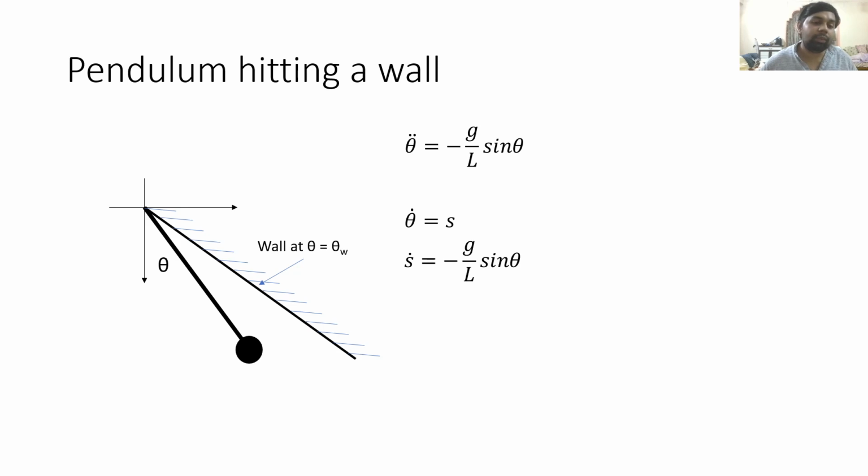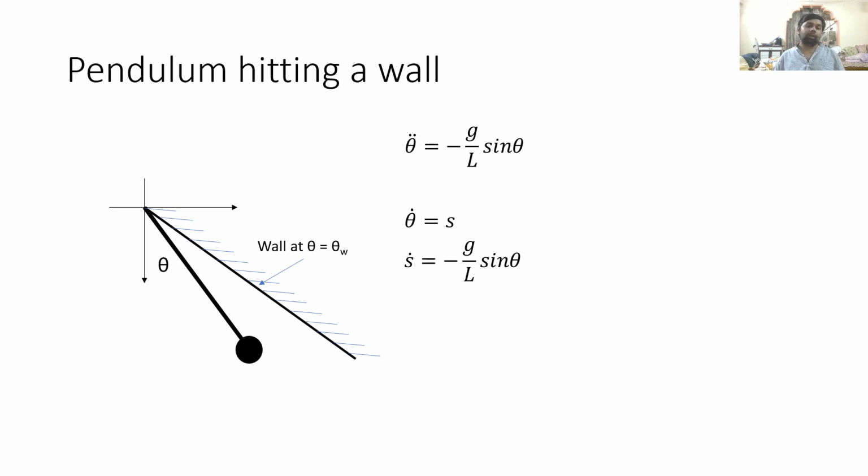When you want to visualize that, it will go and hit the wall, and depending on the nature of the collision, if the collision is elastic, then there will be no loss of energy, so it will just bounce back with the same kinetic energy. But if the collision is inelastic, then there will be some loss of energy.